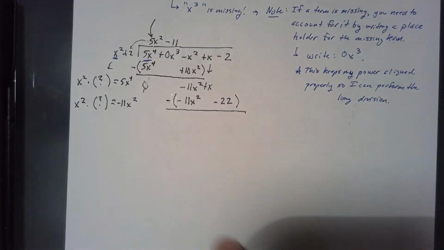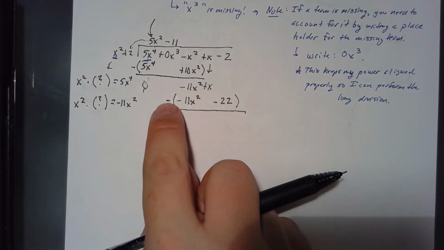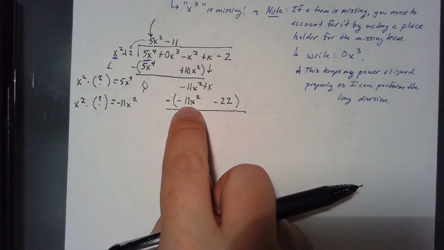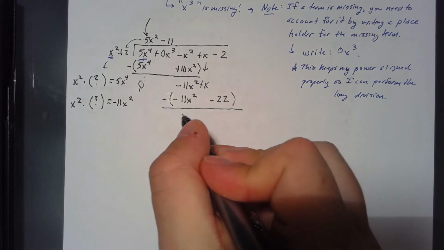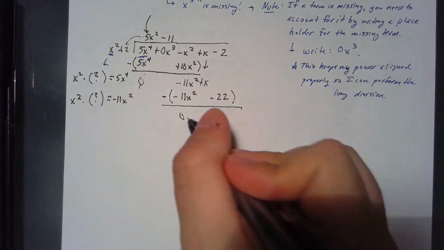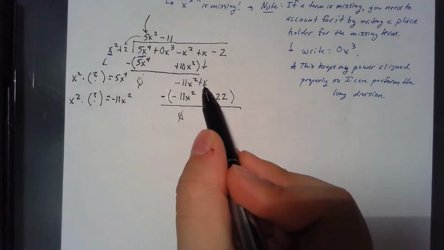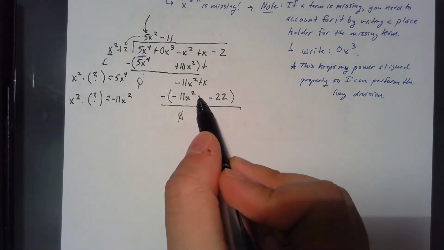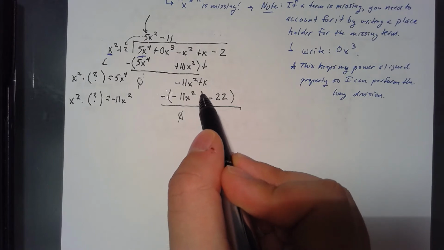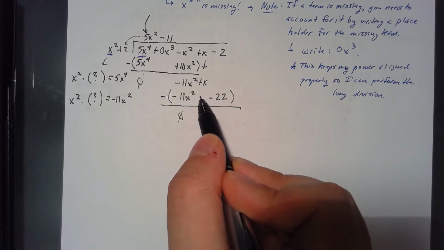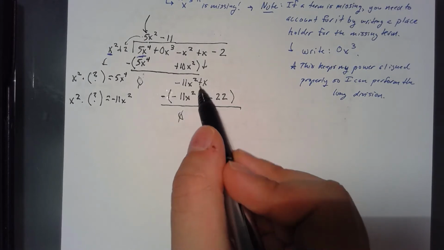Alright? Negative 11x squared minus negative 11x squared is 0. Remember, that leading term should become 0 now, and it does. I just put a little slash through it to indicate that I'm good. x minus 0, because right here I have a 0x term, so x minus 0 is just x.